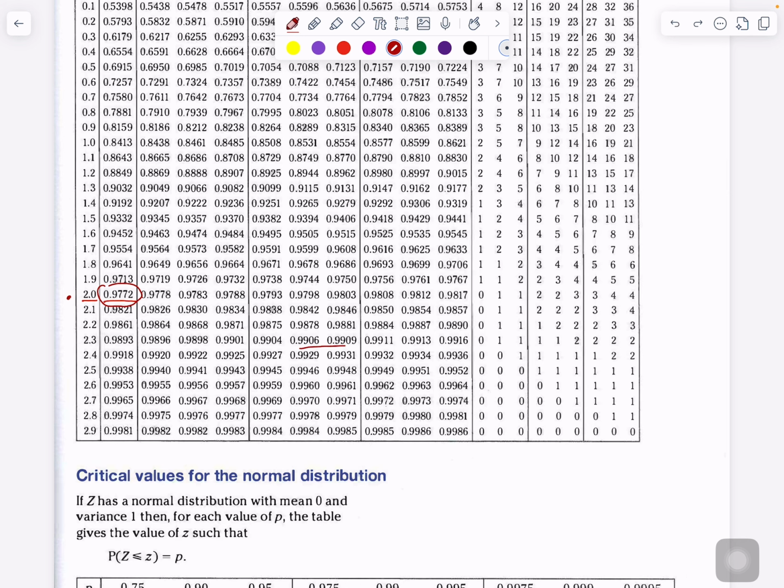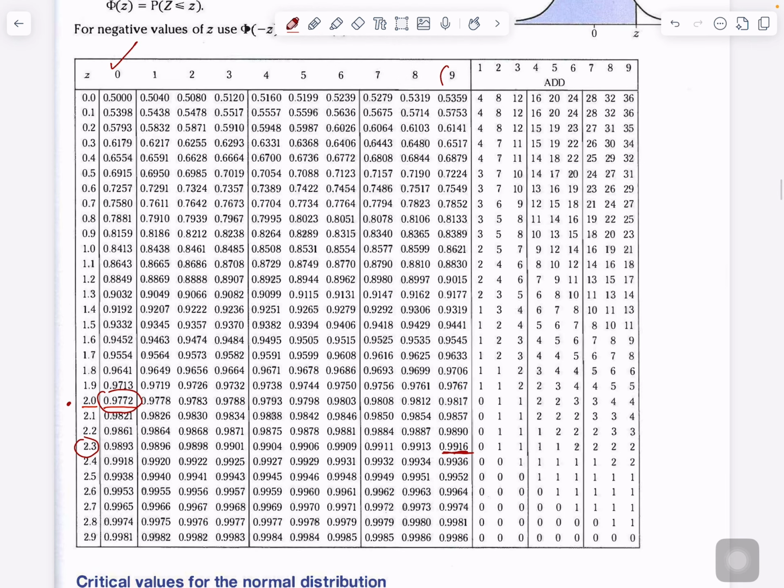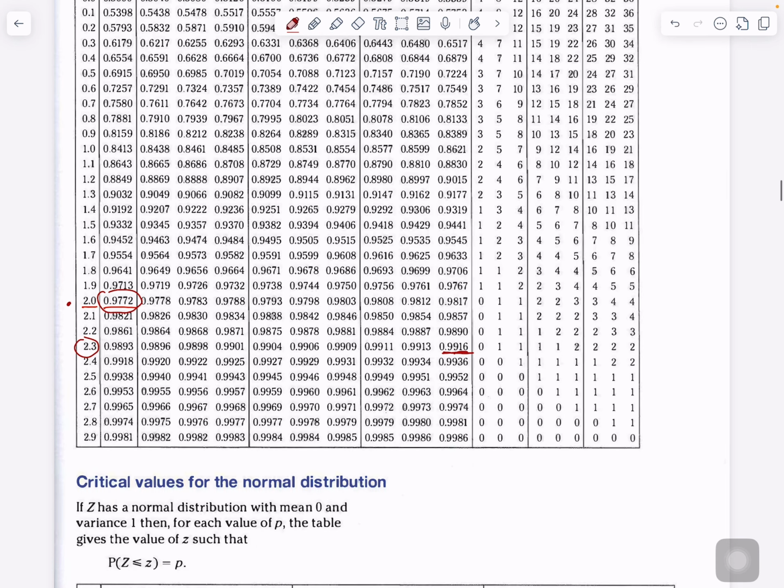I'm checking here. 0.9916. Okay, so this is 2.3, it is more. So I will stick to this point, right? Only the 2-digit is less. So I will say 2.3 and I will say 9. And how much more do I have to add here?